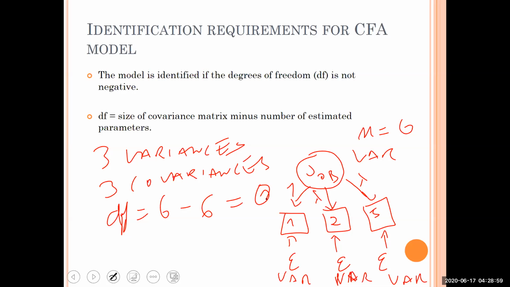Now, there is a quick formula to calculate the number of elements of the covariance matrix. The formula is the number of variables times the number of variables plus 1, divided by 2. In this case, it would be 3 variables times 4 divided by 2 equals 6.